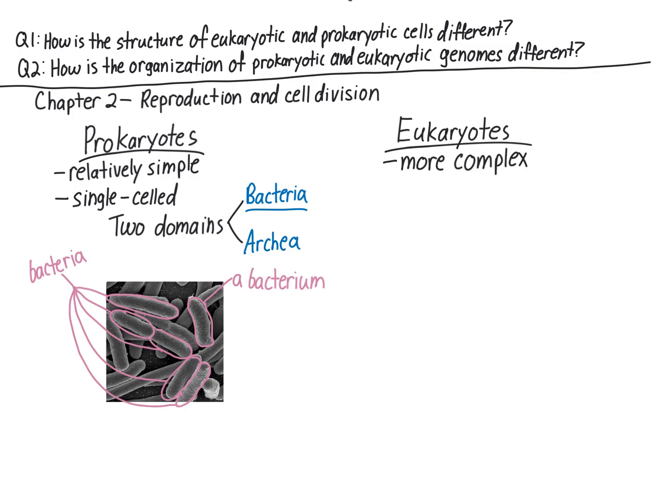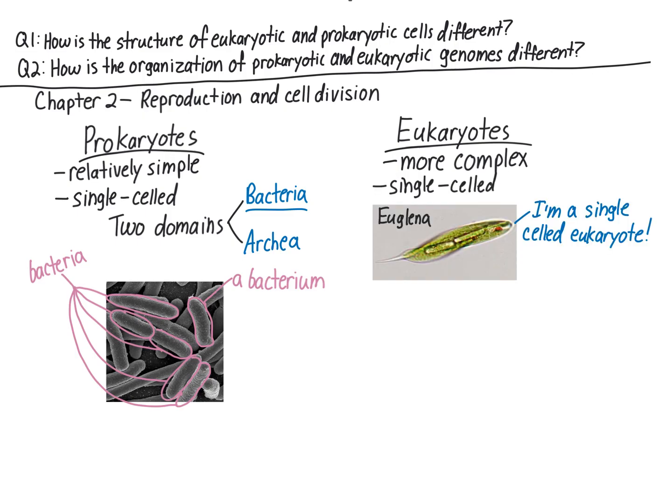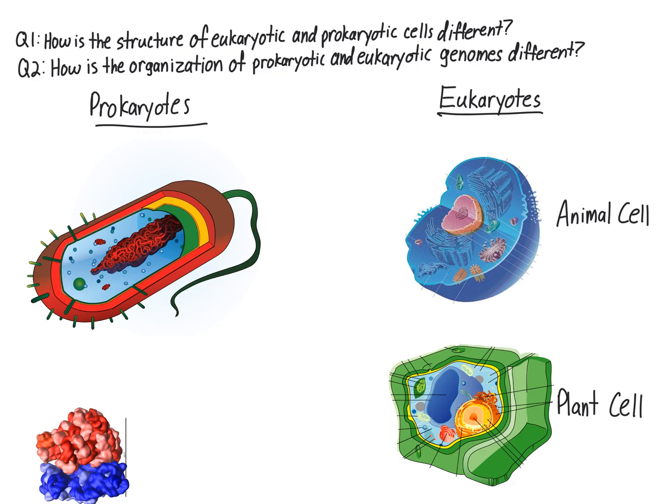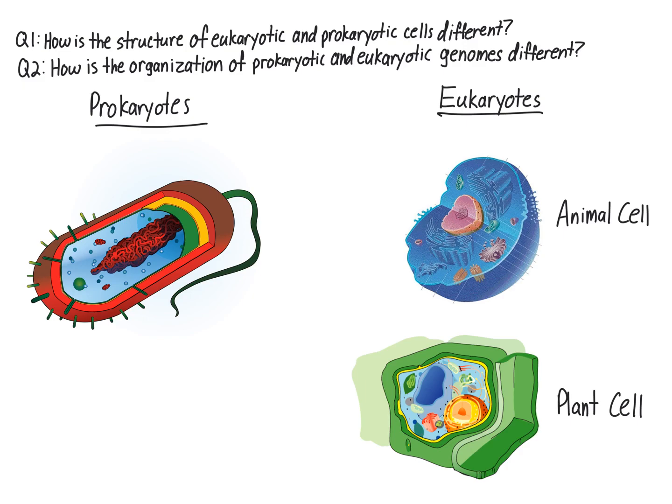Eukaryotes are more complex and can be single-celled, like this euglena, or multicellular, like humans and plants. Prokaryotes have a relatively simple cell structure.